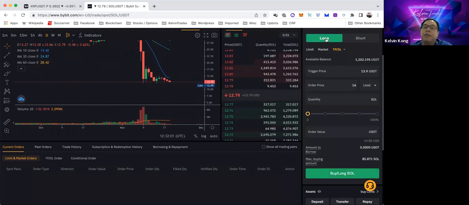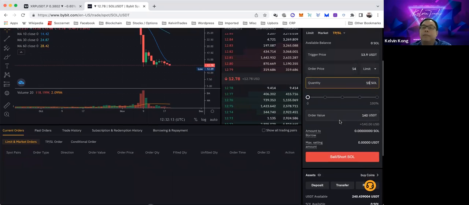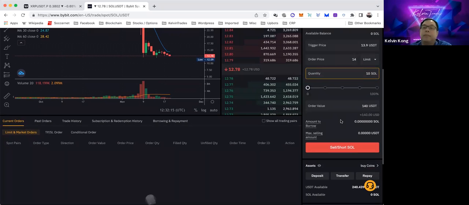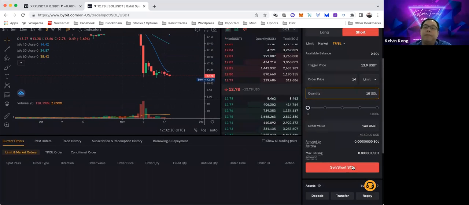If you want to sell, it will obviously be short. So this is your take profit.